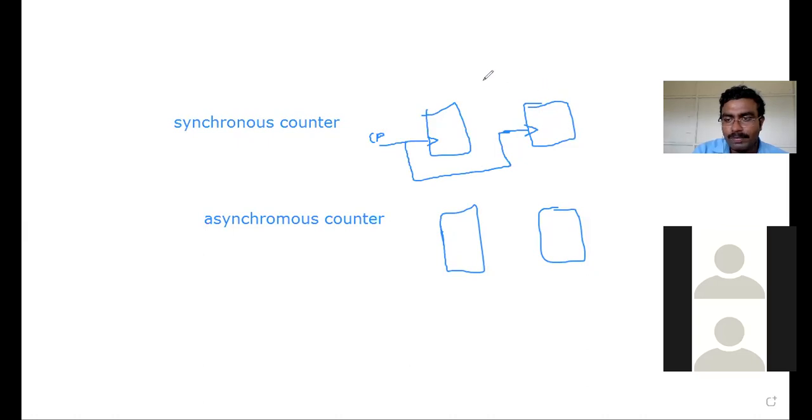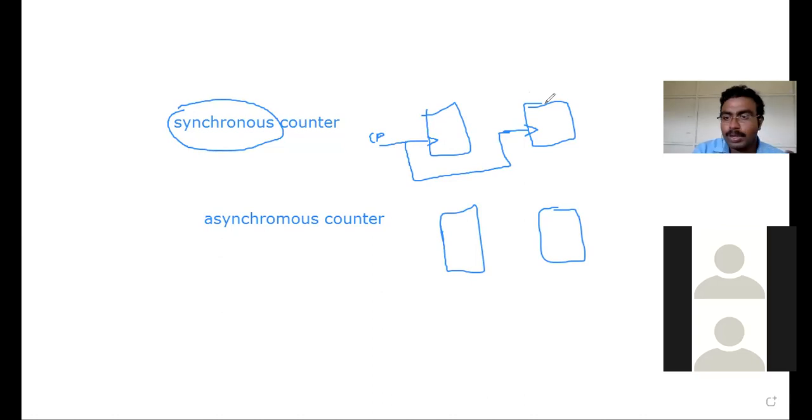Means both the flip-flops will trigger at a time. That is why it is called a synchronous counter. We are going to apply the clock pulse for both flip-flops synchronously at the same time. Both the flip-flops will be applied with the same clock at the same time. So both will trigger at the same point of time.